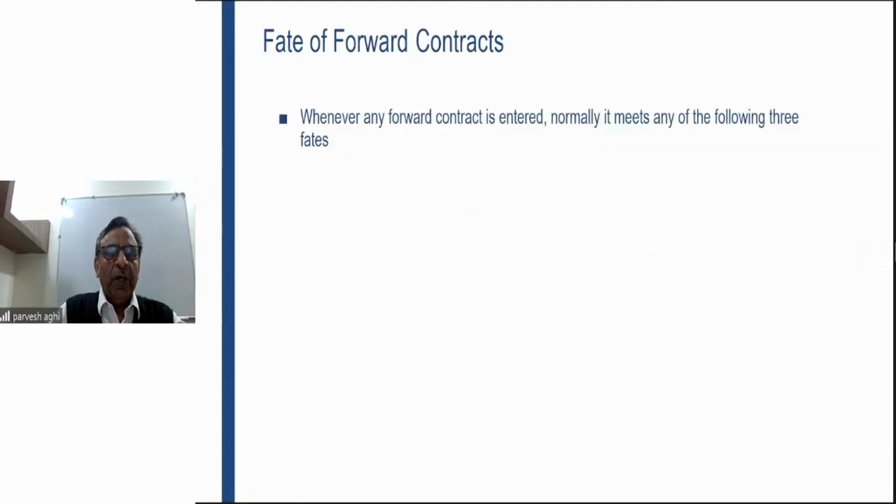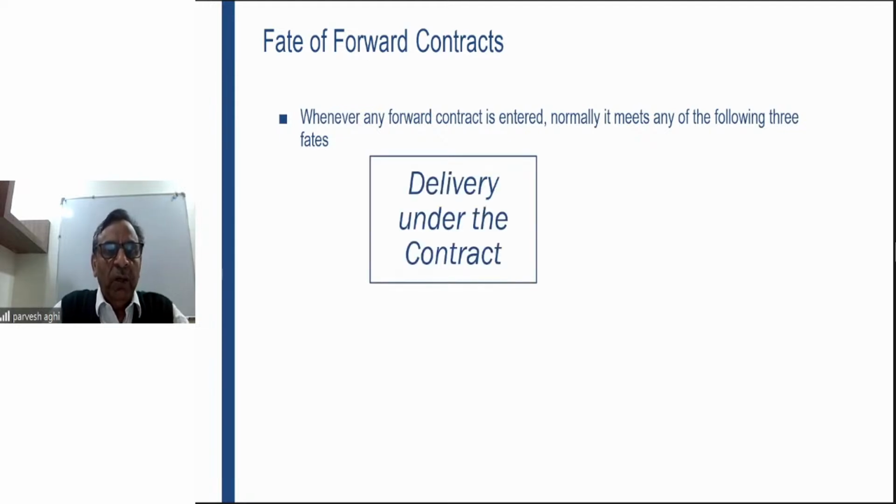So, fate of forward contracts. Generally, whenever we take a forward contract from the bankers, whether we are an exporter or an importer, what happens to those forward contracts? How are they dealt with? The first scenario is that there is a delivery under the contract.